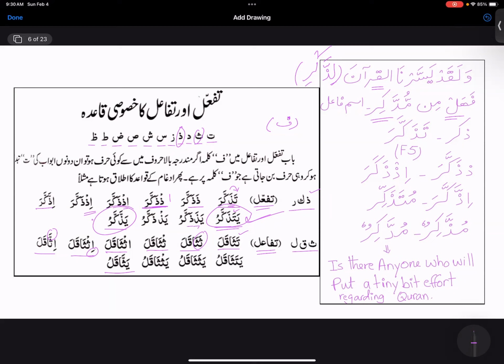The same thing we are learning over here is happening. Muddakir, it is zakara, right? This is form 8 probably. Tazakara, yatazakaru, mutazakirun.